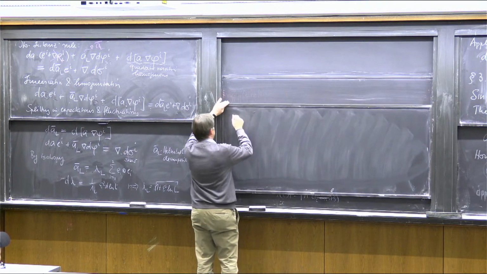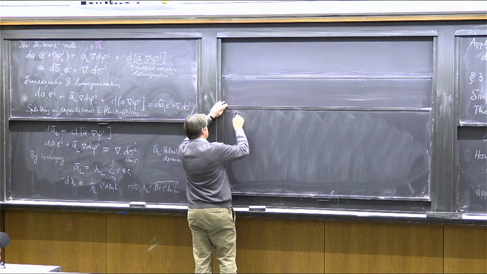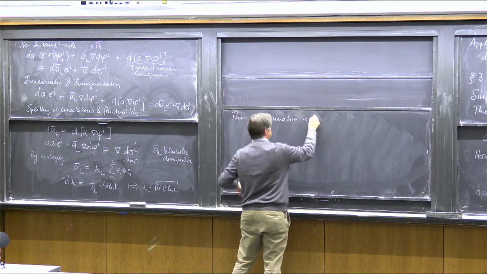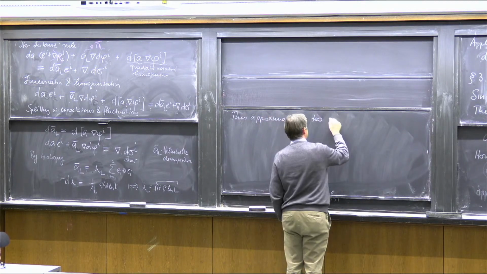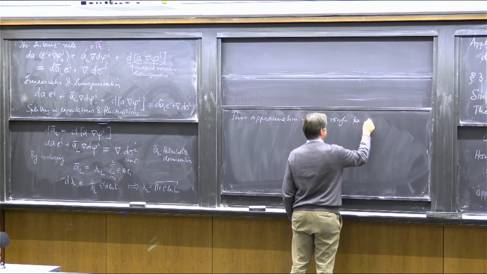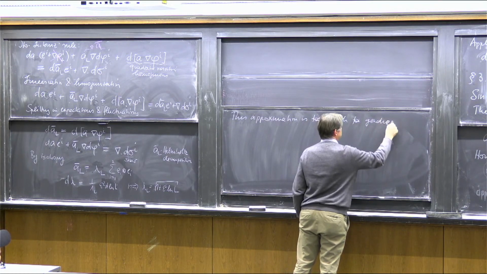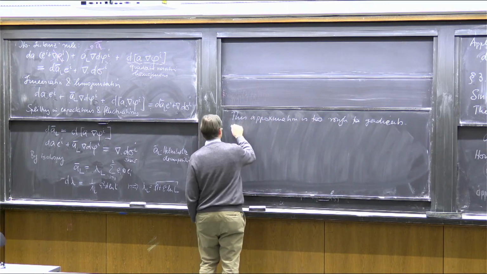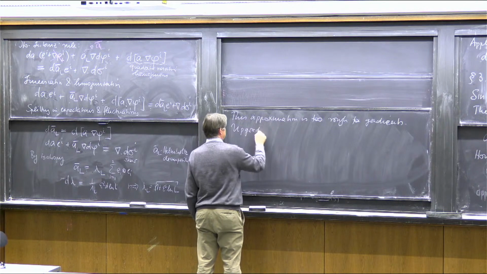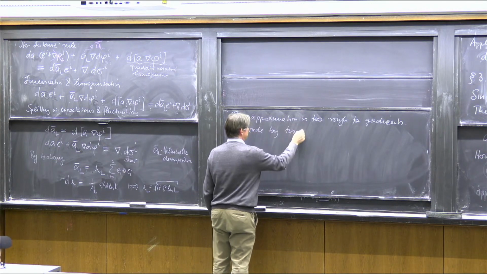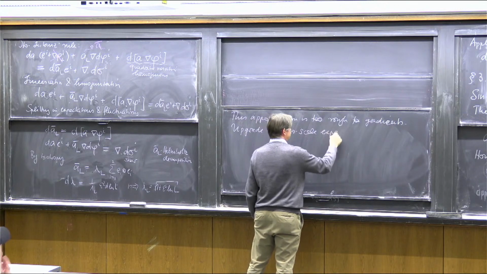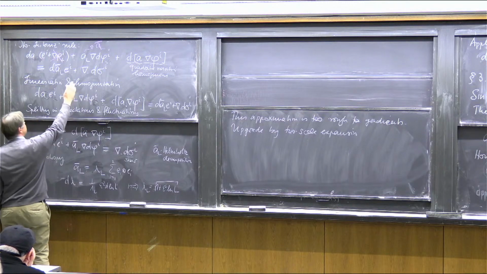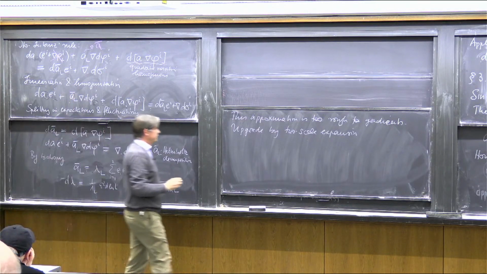So this approximation is too rough for gradients. And instead, we have to upgrade it by the two-scale expansion, in which we're a bit more careful on the homogenization side.